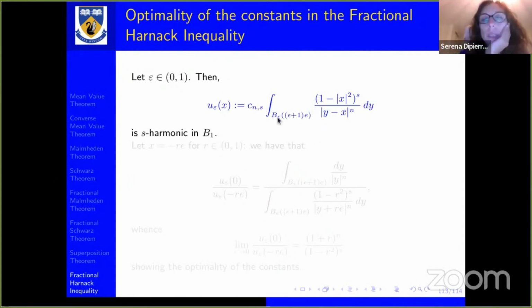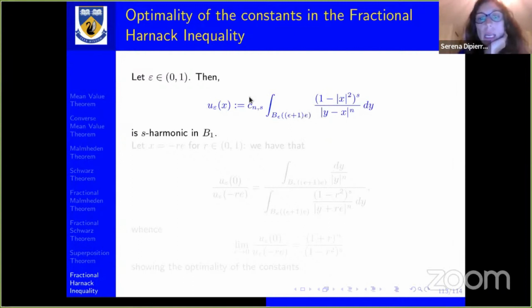I think it's the characteristic function of this ball multiplied by whatever was here in the Poisson kernel. So it's something like 1 over y squared minus 1 to the power s.